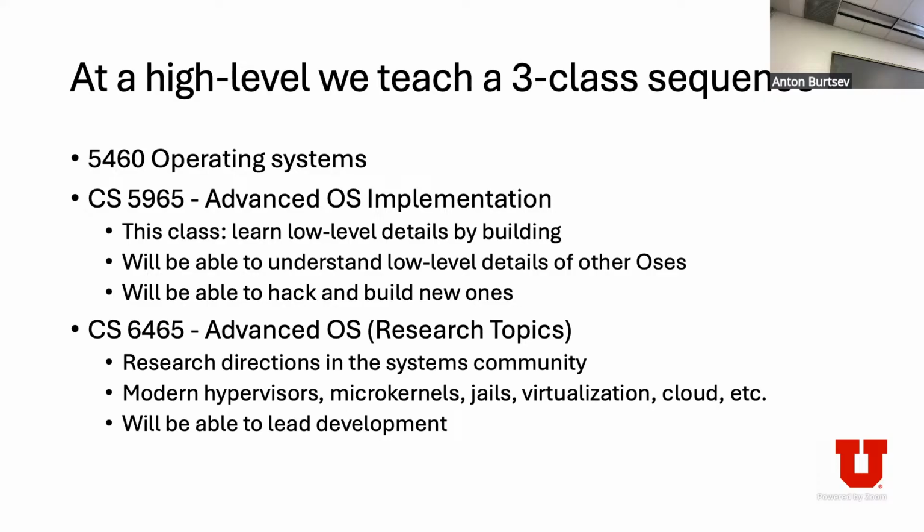And these two classes can be taken out of order. The idea is to have the class which we are doing right now, 5965, concentrated on implementation, meaning build your own OS, with the goal that you will be able to understand how other OS are built, like Linux or whatever embedded systems OS I mentioned, and you might get a career out of it.